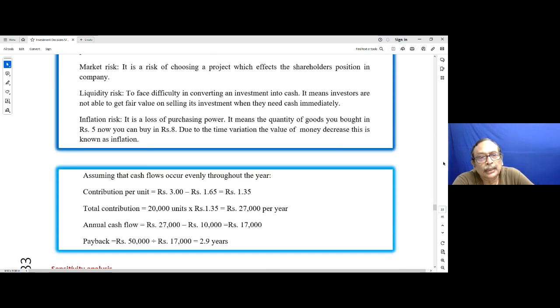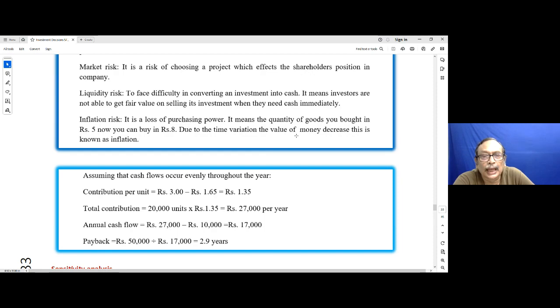Then comes inflation risk. It is a loss of purchasing power. It means the quantity of goods you bought for rupees 5 now costs rupees 8. Due to the time variation, the value of money decreases. This is known as inflation.